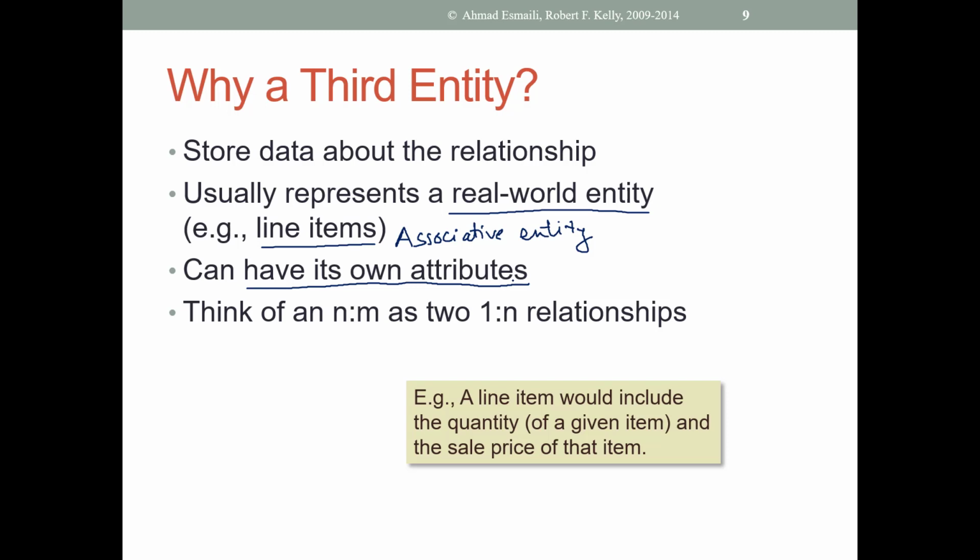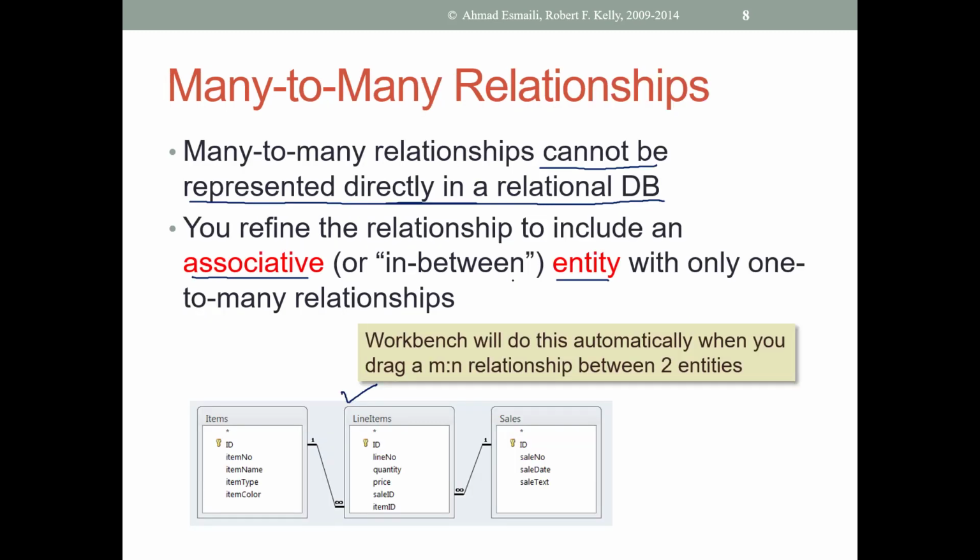So now if we go back to the previous figure which shows the modeling of many-to-many relationship, then you can see that this many-to-many relationship is equivalent to a one-to-many relationship between items and line items, and also another one-to-many relationship from sales to line items.